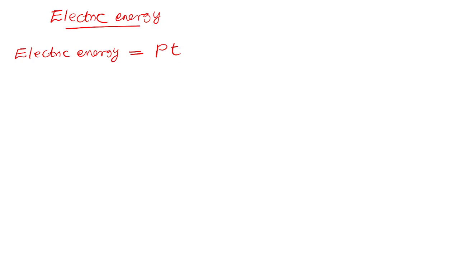Exactly the same formula, because in the case of the bulb, the electrical energy is converted to heat energy. So this emitted heat is another form of electric energy. The heat energy is a conversion of electric energy.